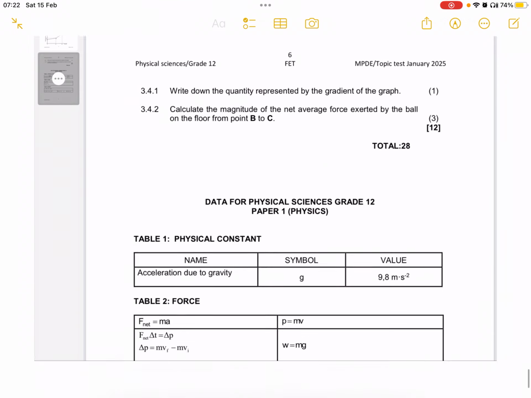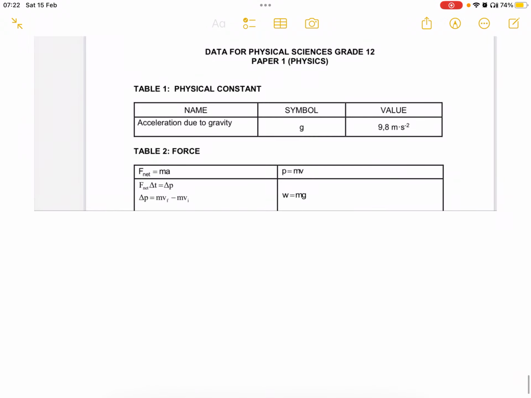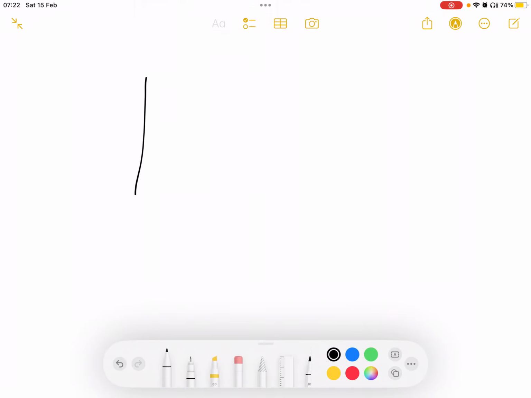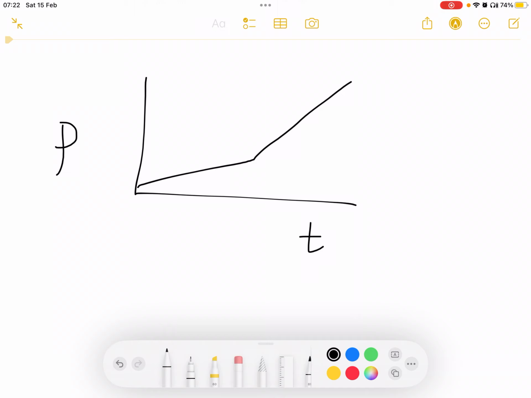So we have a graph, this is momentum, and this is time, and it looks something like this.